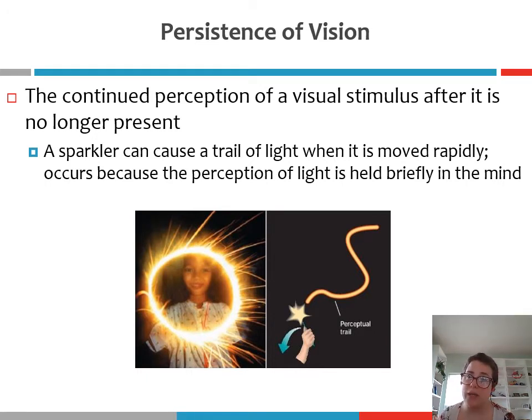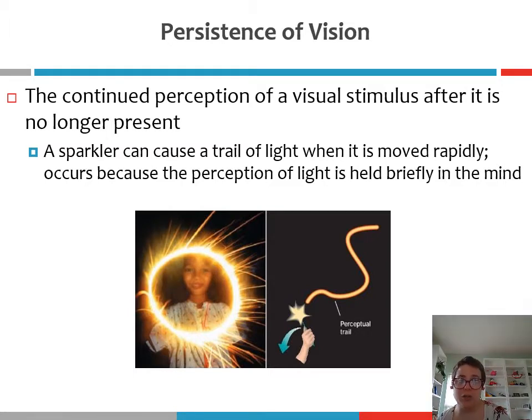The reason why, if you wave a sparkler around, it leaves this trail of light isn't because the light itself is still present, but rather because your sensory memory has continued to hold the image of the light in mind, even when the stimulus itself is gone, or the light itself has already disappeared.